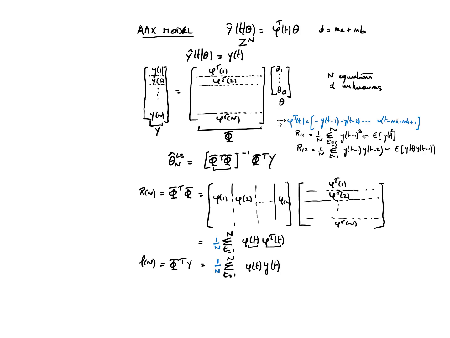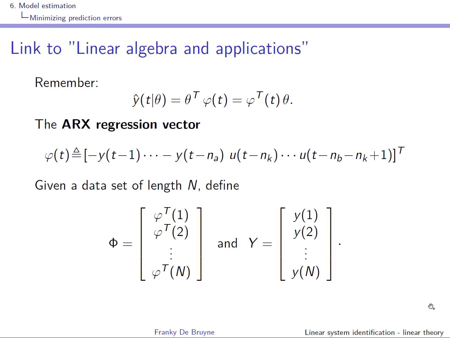So you can see that this matrix is composed of estimates of correlations of y's and u's with previous y's, previous u's, and so on. Here is a nice summary that you can use in the system identification laboratory, because you'll probably have to implement your own ARX function to identify an ARX model.